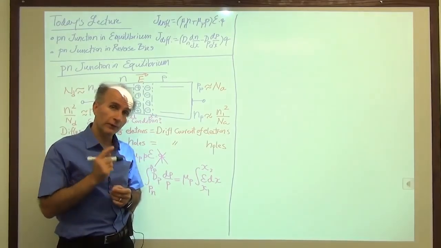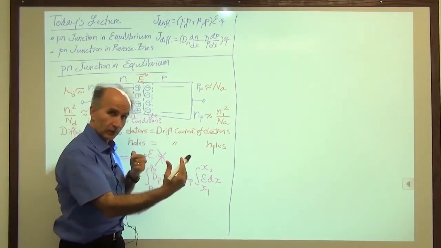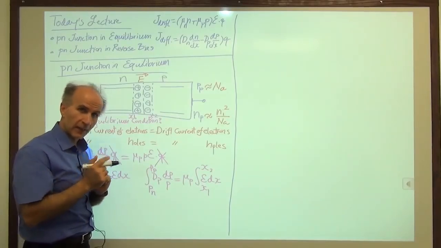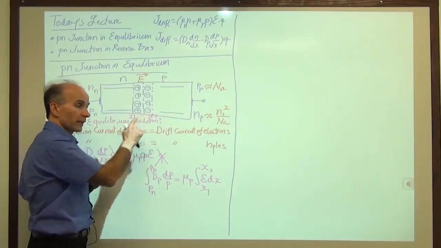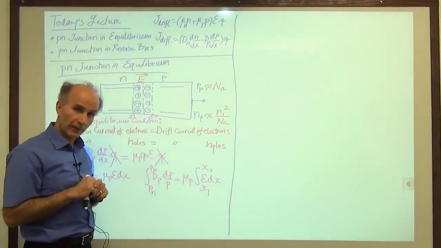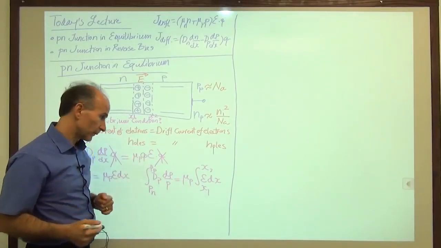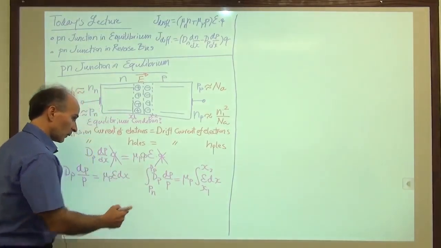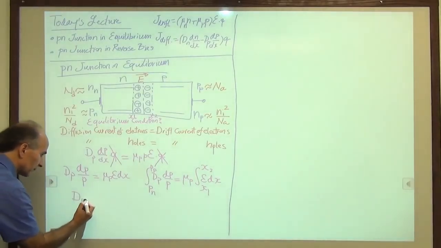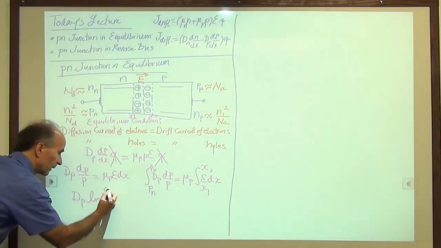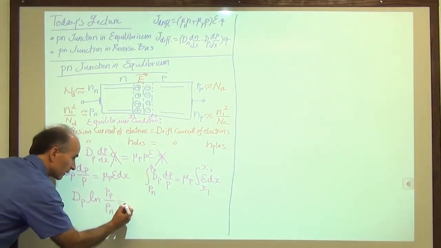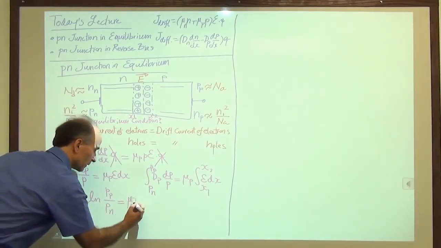So to find the voltage difference between x1 and x2, we need to integrate the electric field along x from x1 to x2. Except that there's a negative sign involved, so we just have to be careful of that. Otherwise we're good. So why don't we do it this way then? We will integrate this side, so that becomes log of p sub p over p sub n is equal to mu p.